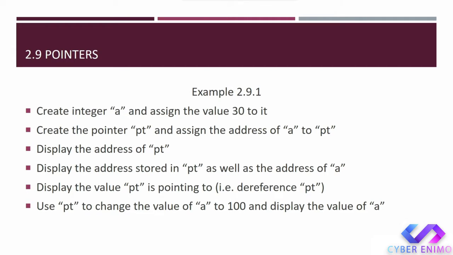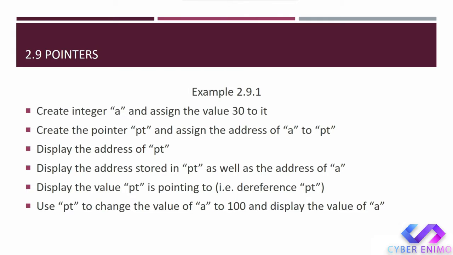Then let's display the address stored in pt as well as the address of a. The address of pt and the address stored in pt should be different. However, the address stored in pt and the address of a have to be the same because the address of a is stored in pt.